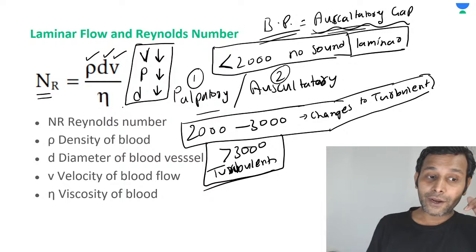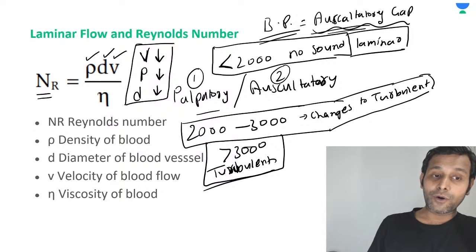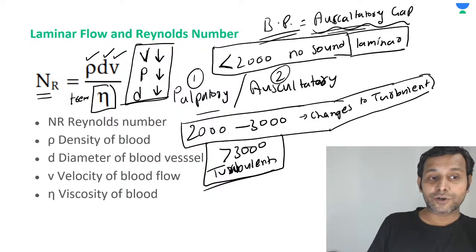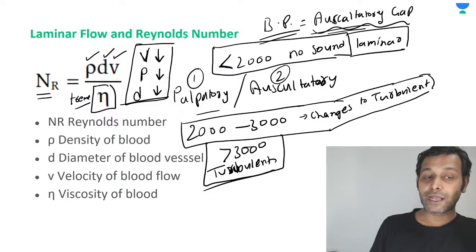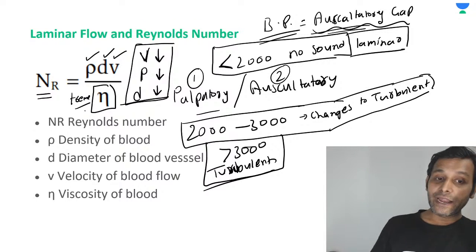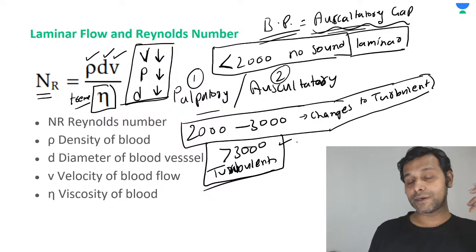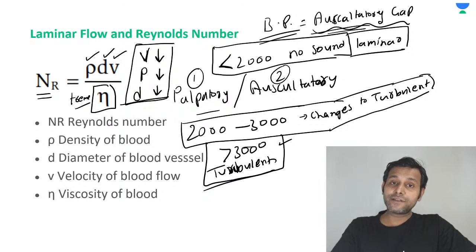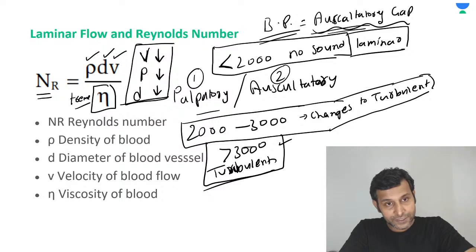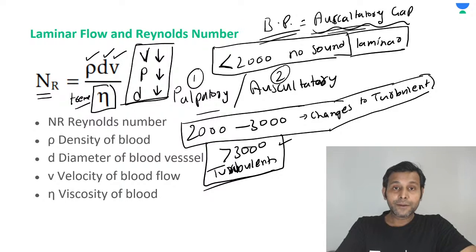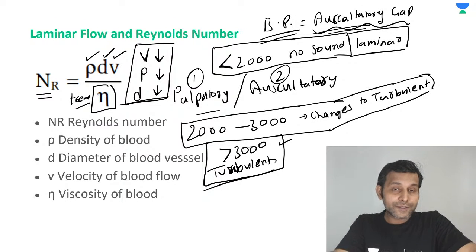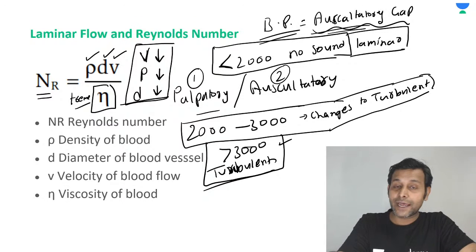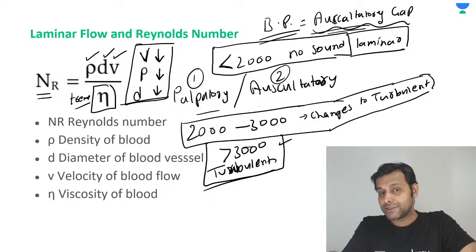Now when you compare all these changes, there is a tremendous decrease in the viscosity as compared to all the other parameters, and that causes an increase in the Reynolds number and the turbulence. I repeat once again, as the diameter decreases, the velocity decreases, the density also decreases, but the overall output is a tremendous decrease in viscosity as compared to all other parameters, and that causes an increase in the Reynolds number.